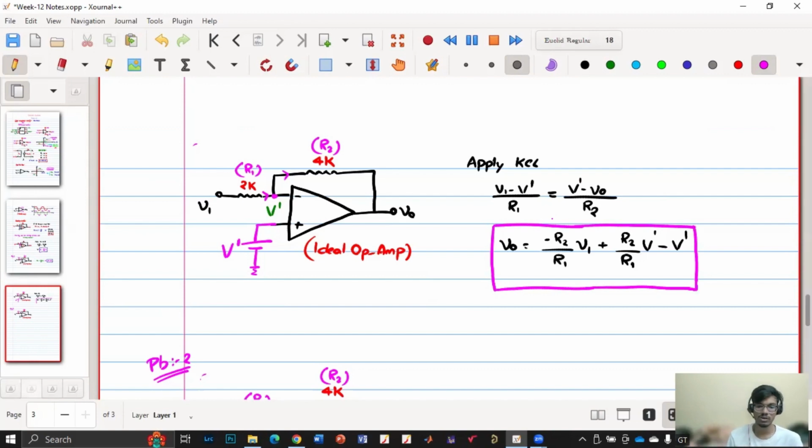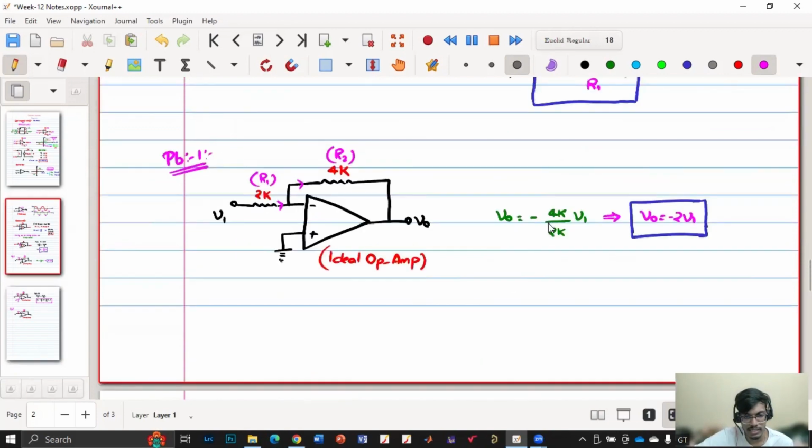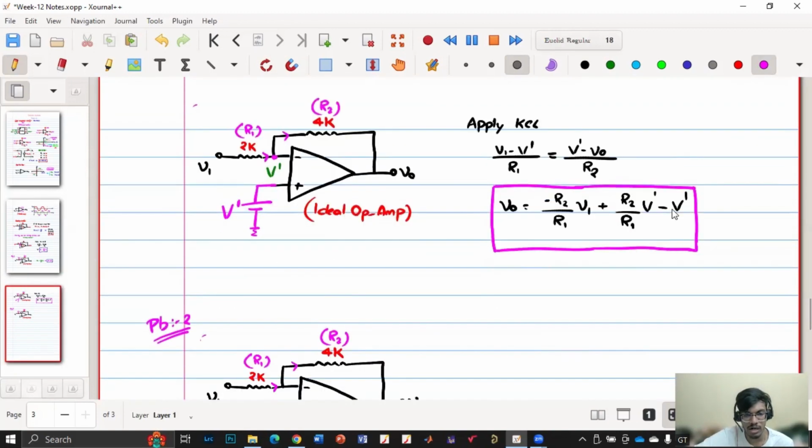But if V dash is 0, then it will be minus R2 by R1. We needed it to work like an amplifier, so there will be just a direct relation between input and output. So output is some gain A into V1. A can be positive or negative, but in this case it is negative. But if you connect it to some other voltage source, then it will be a different value: amplifier plus some offset voltage is also coming.